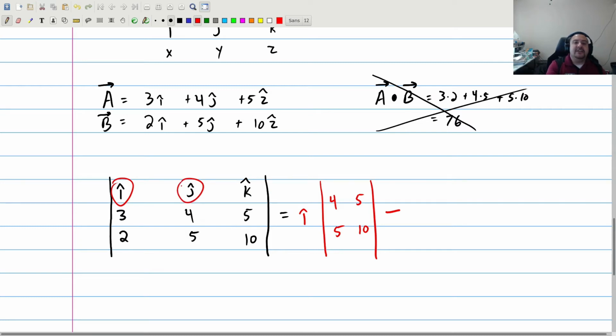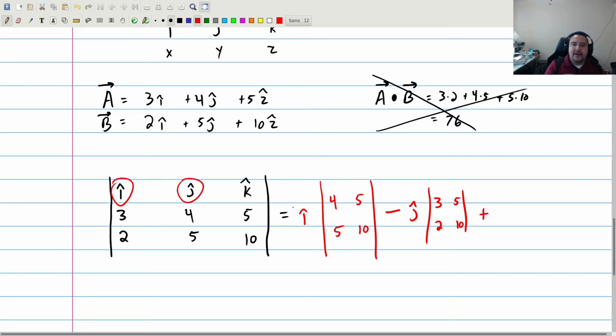And you can see if we eliminate the entire row and the entire column, we are left with 3, 5, 2, and 10. So it's going to be minus j hat times the determinant of 3, 5, 2, 10.